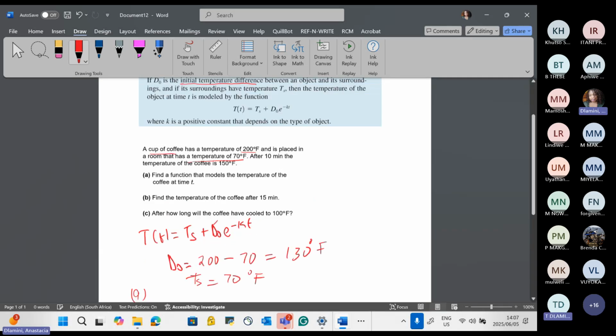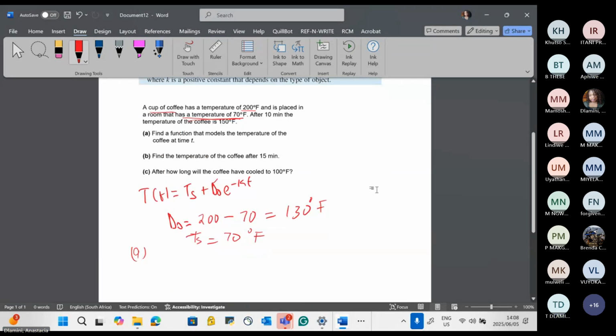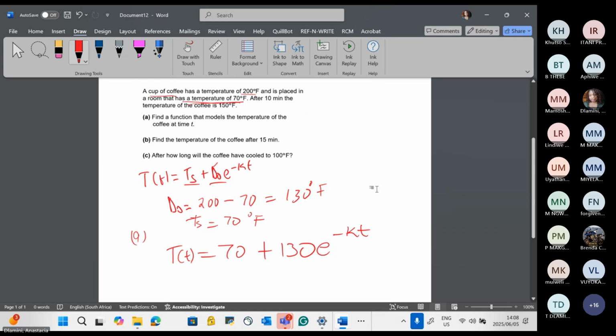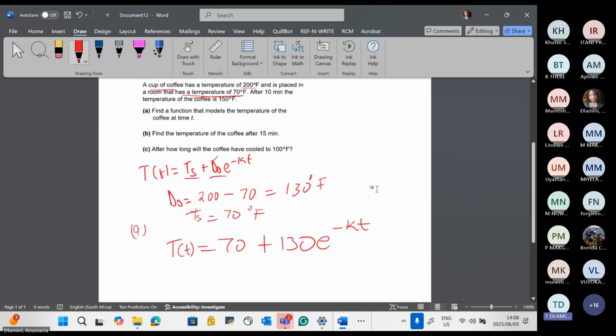It's because Ts is the surrounding temperature. So then we substitute: T equals Ts, which is 70, plus D0, which is 130, e to the negative kt. Are we all okay? Yes.